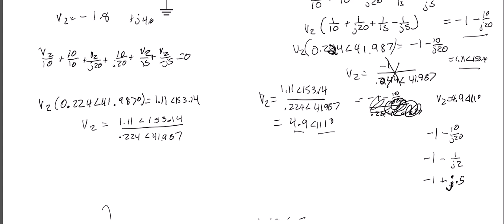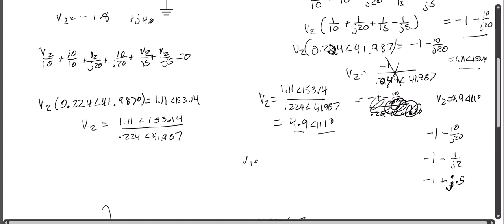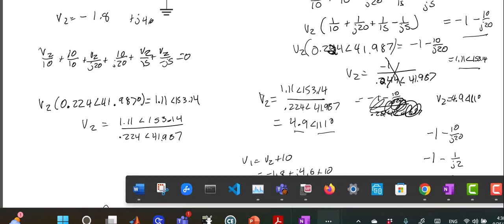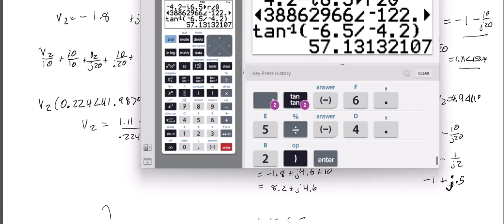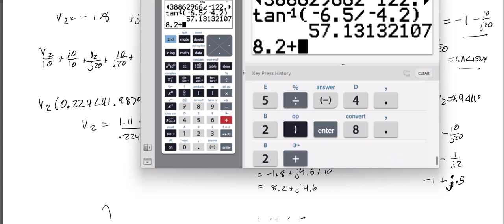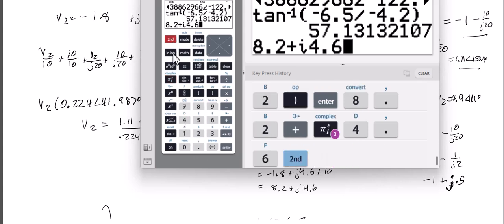And then just going back, when I changed that back to rectangular, I can say that V1 is V2 plus 10, and V2 in rectangular was minus 1.8 plus J4.6 plus 10, which is 8.2 plus J4.6. So the supernode thing you were doing is pretty much just the two equations, V1 equals V2 plus 10 at 0 degrees.